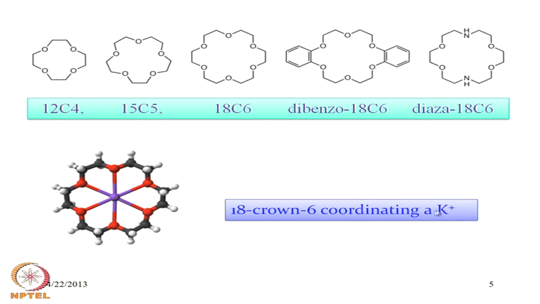So, when potassium ion is coordinating with 18 crown 6, we have this particular one which is 18 crown 6. Potassium is sitting over here and 6 oxygen atoms are binding to this particular potassium, because this cavity size is matching very much with that of our potassium ion. And this particular geometry is also fulfilling the corresponding pucker movement, from one side this is up, this is down, this is down, this is up, to make a 3-dimensional structure.